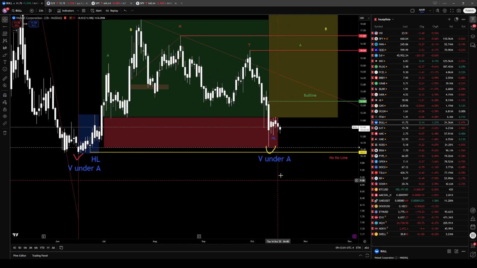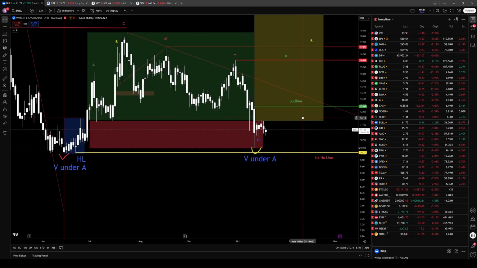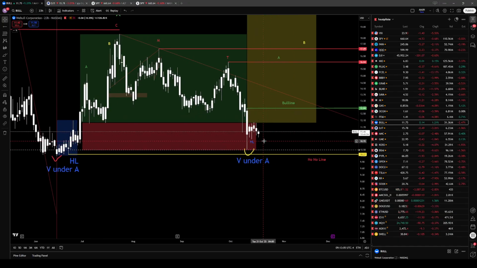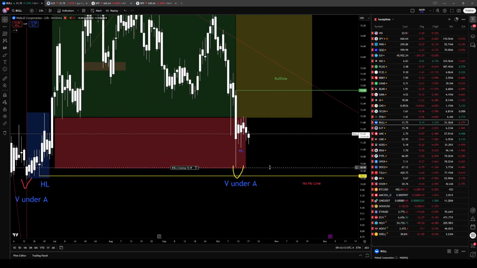The only thing we want to see, and the only thing we're interested in, is we want to hold this higher low. We don't want to drop under 1051 or double bottom. No, we have to stay over at least 1056.